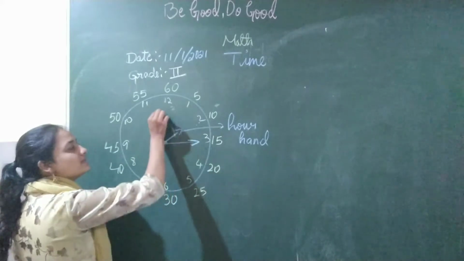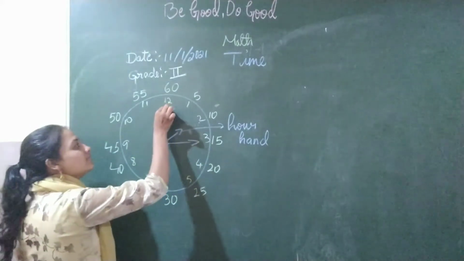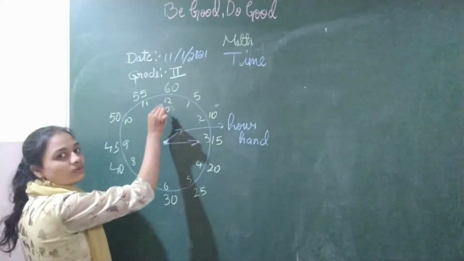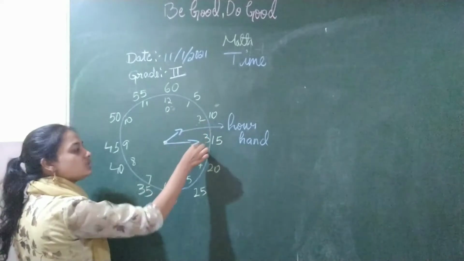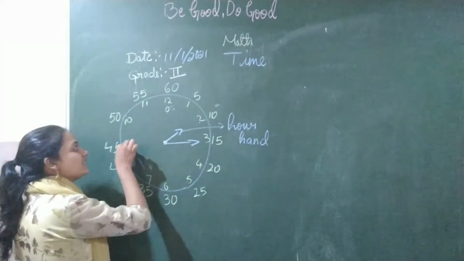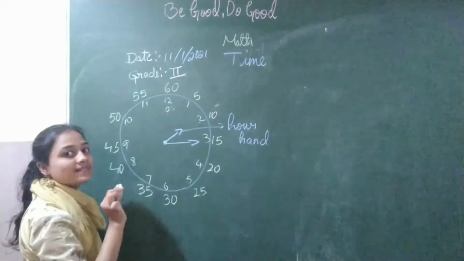But always my time starts from this. So, this is also equal to 0. When you are starting, you start from here. Say 0, 1, 2, 3, 4, 5, 6, 7, 8, 9, 10, 11, 12. 12 is nothing but 0.